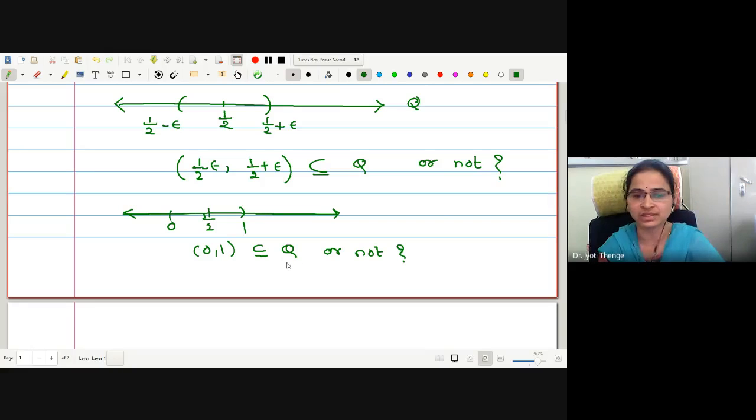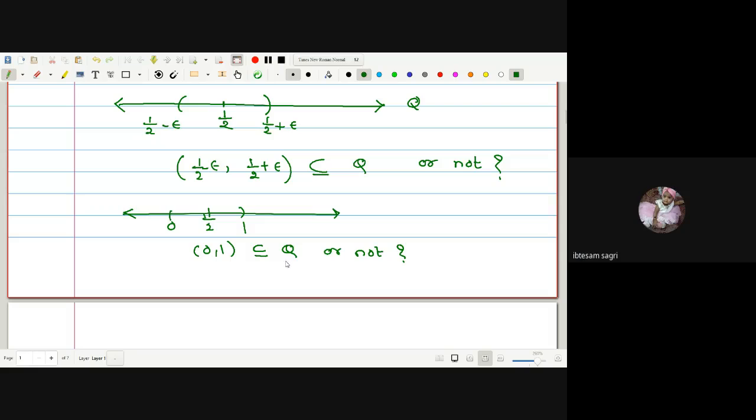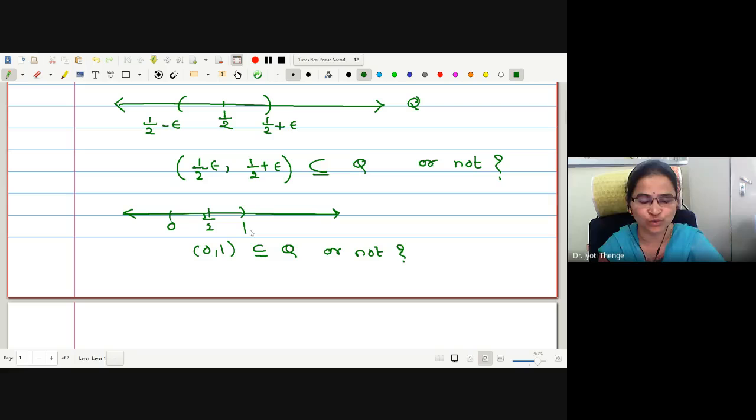You have to think on this. No, surely not. One is rational and after that number is irrational. Between 0 to 1, both rationals and irrational will appear. That's why this open interval 0, 1 should not be contained in Q.